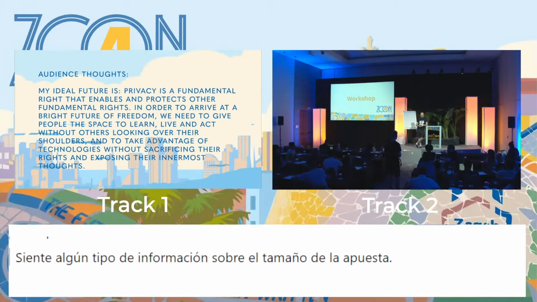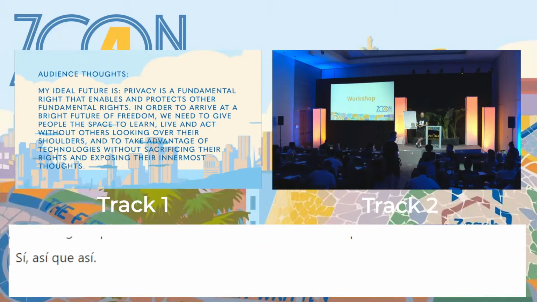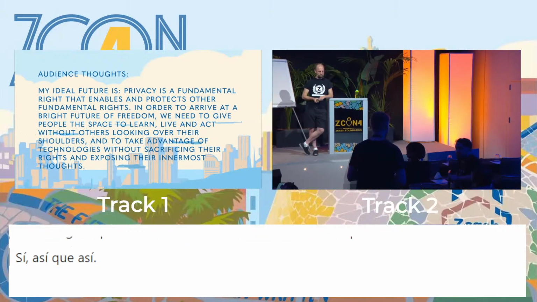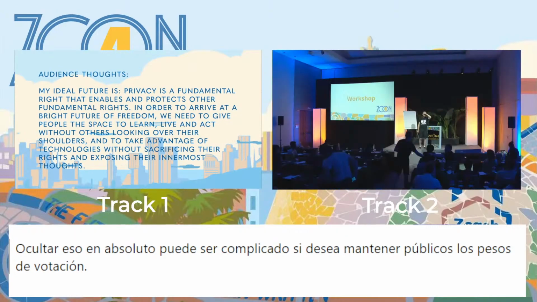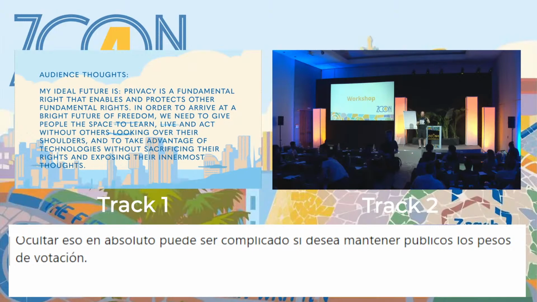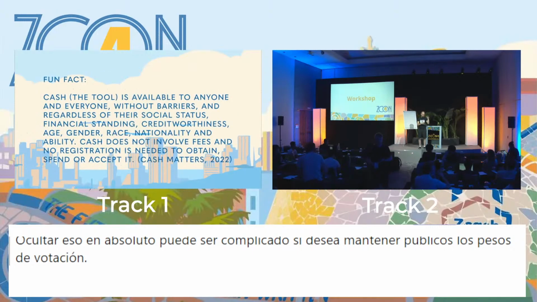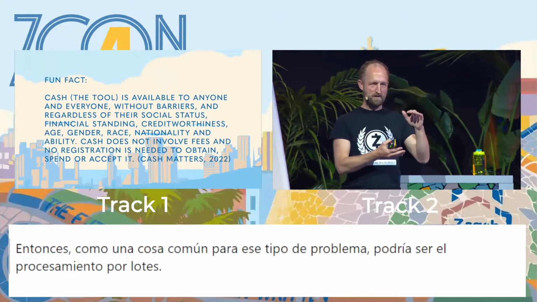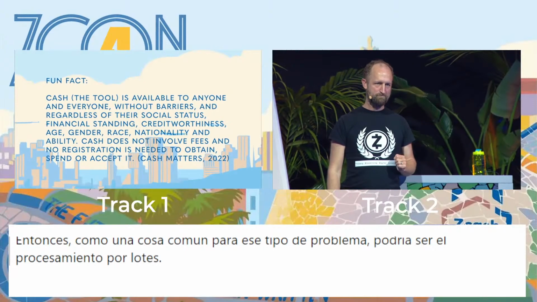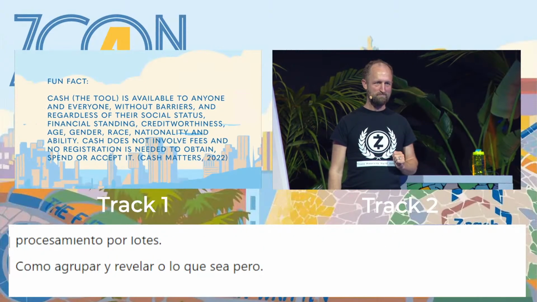So hiding that can be tricky if you want to keep the voting weights public. One common approach for that kind of issue might be batching and revealing, but it's complicated.